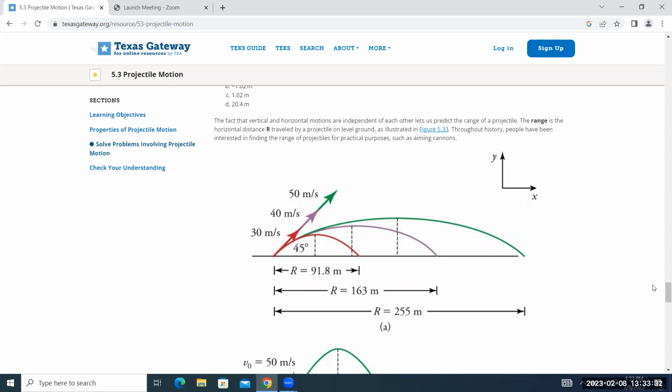Now, again, we're intrinsically saying the thing's not rolling when it hits the ground or something like that. It's just going up and impacting the ground and sitting there. So we already know intrinsically that those two times, the time it takes to travel the total x direction and the time it takes to travel the total y direction, must be the same.